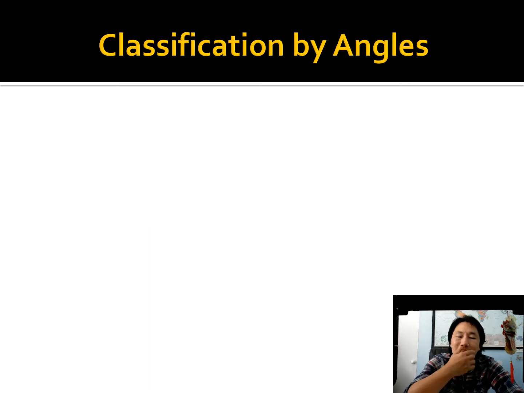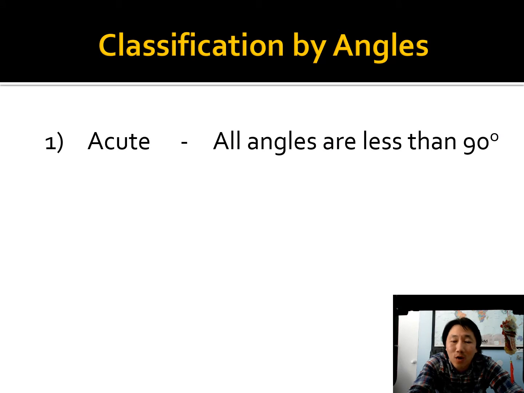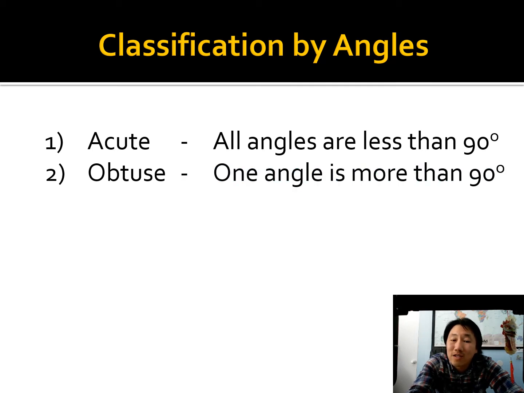We can also classify triangles by their angles. For example, an acute triangle has all of its angles less than 90 degrees. An obtuse triangle, not all of the angles are more than 90 degrees. Only one angle is more than 90 degrees.